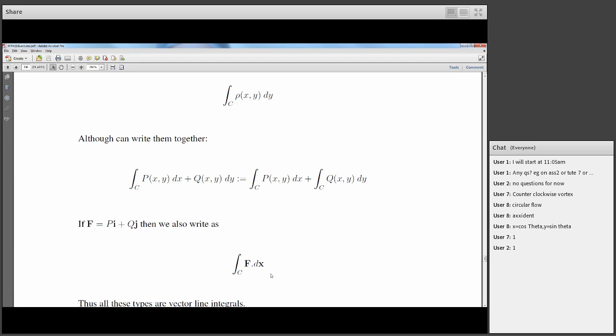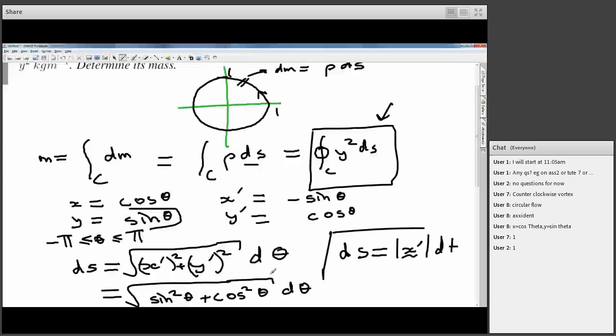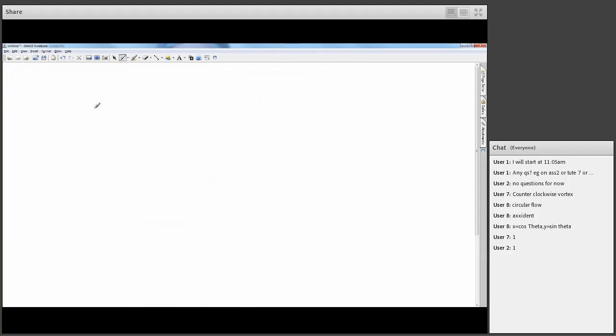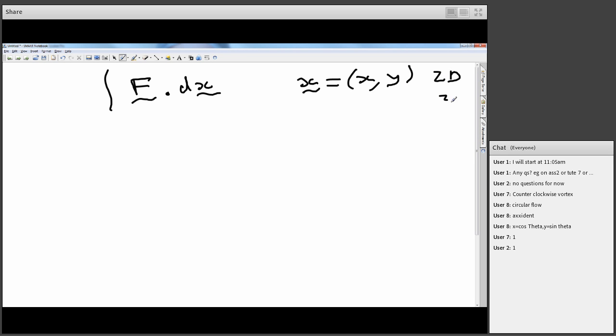I'll show you how to write it down by hand: F vector dot product with dx vector, where x vector is just shorthand for all the different variables we have. So x and y in this case, that's 2D. In 3D, I write it as x, y, z.